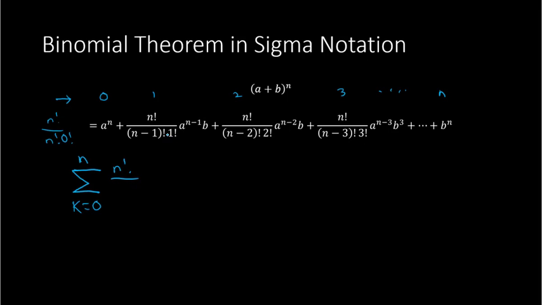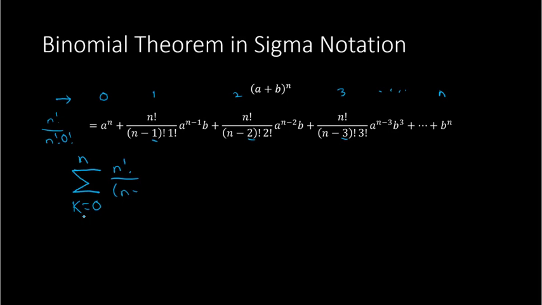And then for the denominator, notice we have n minus something, and that something is changing each time. Look at the changing part: 1, 2, 3, etc. Notice that corresponds with the term number. So we have n minus the term number, and we're using the letter k for the term number.